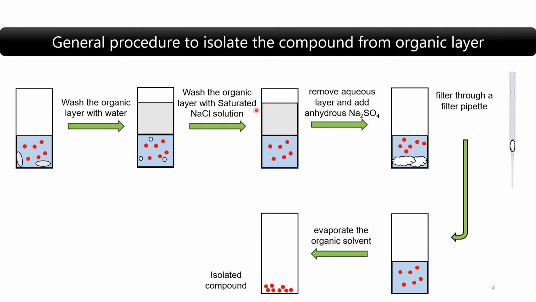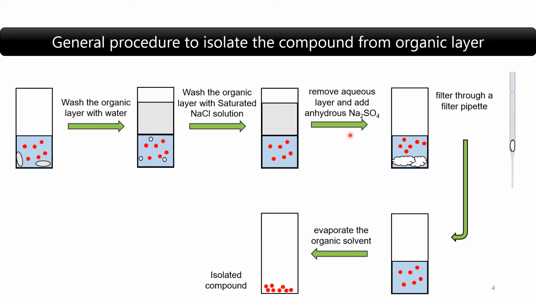To remove that, we can wash the organic layer with saturated sodium chloride. So it's basically a very saturated salt solution. Because it's very saturated, it can absorb water really well. So if there were any more traces of water left, that will be absorbed into this salt layer.